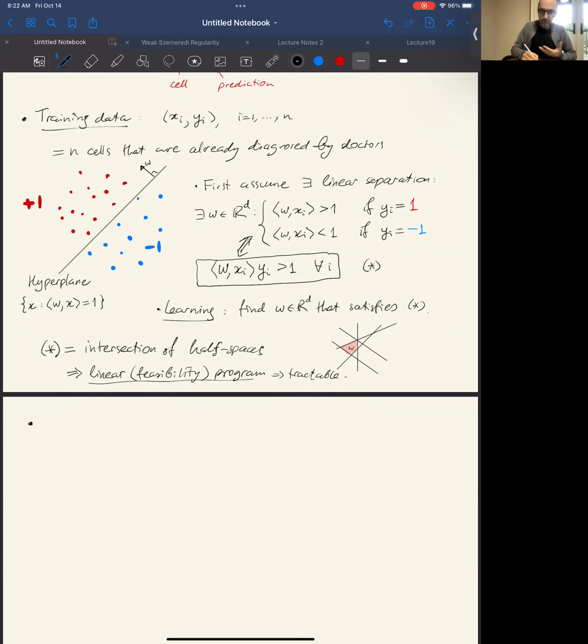Once we solved that problem, once we find W as above, we are ready to make predictions. Predictions of the new cells, the diagnosis. The diagnosis machine is now complete. For any new cell, let's say x in R^d, we can diagnose it.